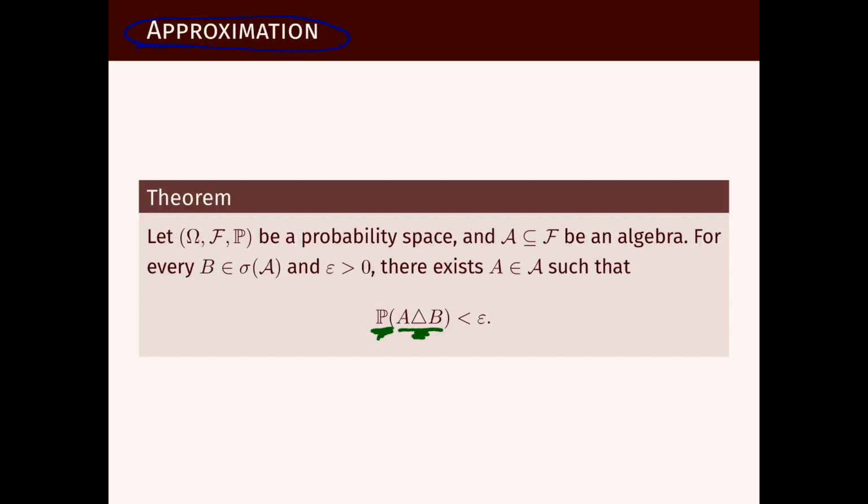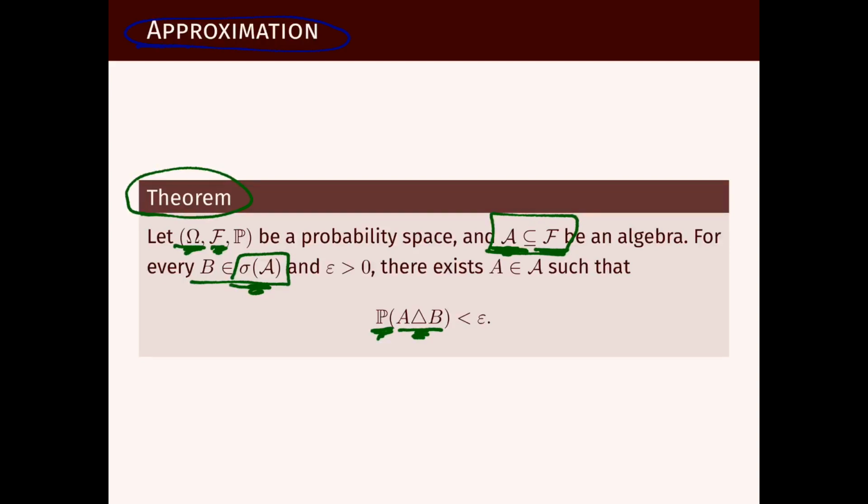The theorem says that if we have an algebra of subsets of a sample space omega, and all the sets in this algebra are, of course, members of the sigma algebra in this probability space, then events in the sigma algebra generated by that algebra can be approximated by events in the algebra.